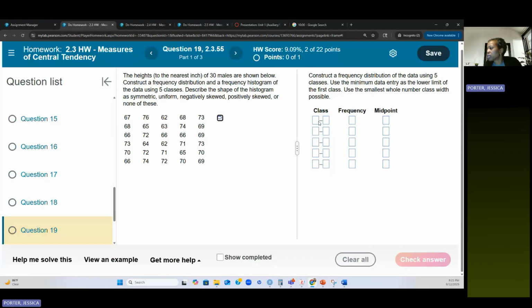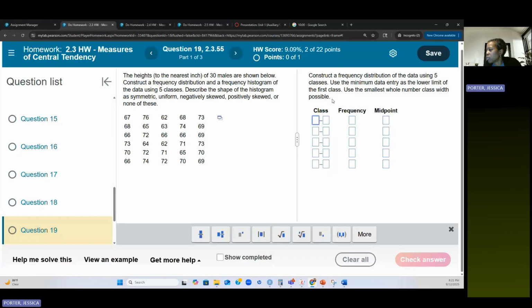And so we'll start. It says use the minimum data entry as the lower limit of the first class. Okay. So the minimum data entry was 62. And then we're adding 3 every time. So we go to 65, 68, 71, and 74.